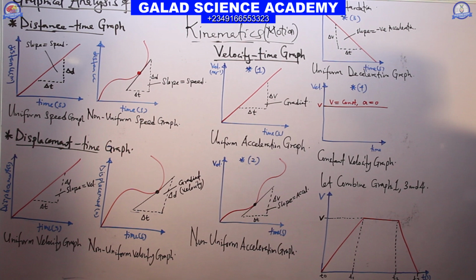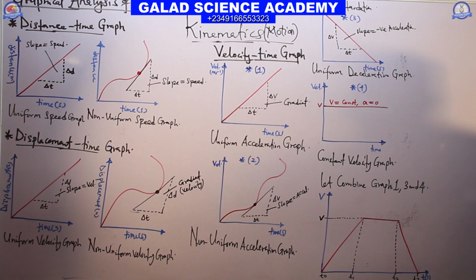The graph is parallel to the time axis. You observe that the time changes, but the velocity at this point is constant.